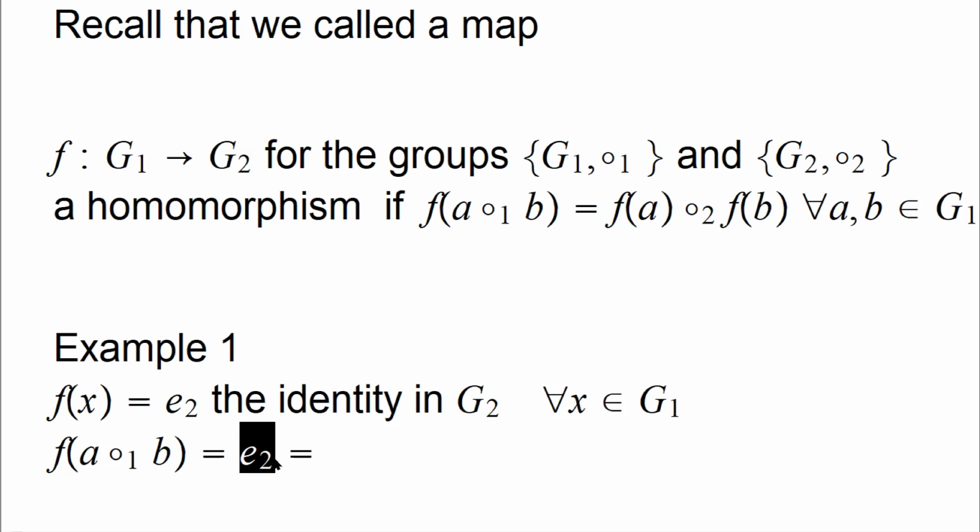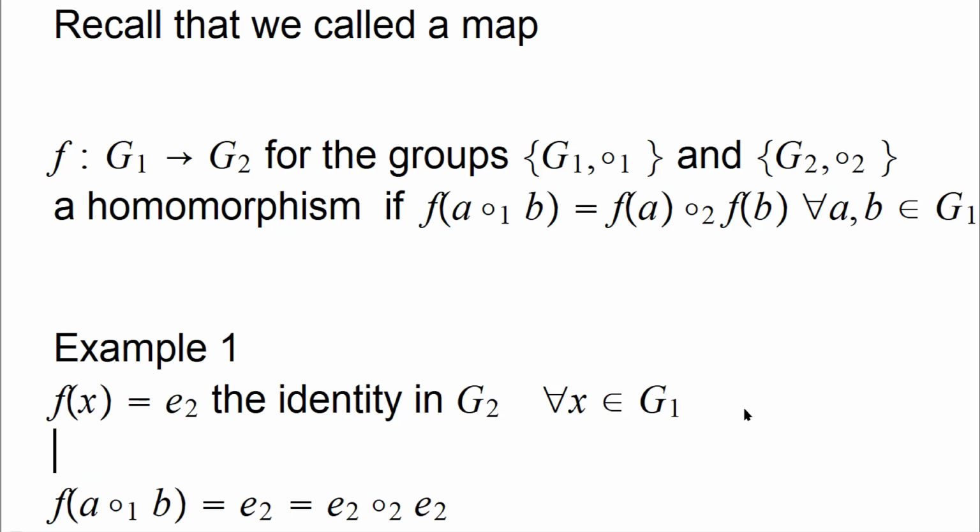So we take E2 and take the operation and multiply that again with E2, because A times B goes to E2, A itself goes to E2. So f of A as well as f of B will be E2, no matter who A, B, and the other elements are.